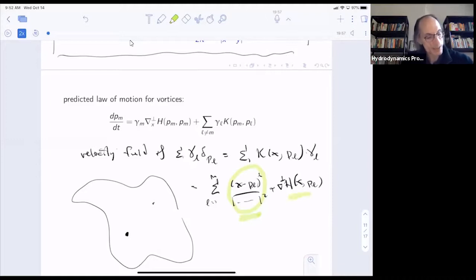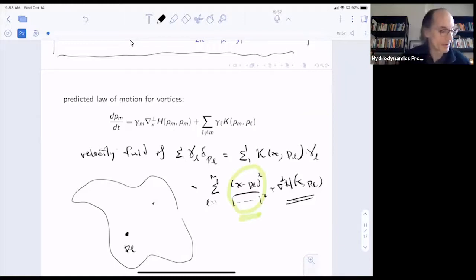But then you see the point is, if I look at the part generated by P_L, at the point P_L, it's perfectly smooth. And so we saw before that the singular part doesn't affect the dynamics of the point itself. This is non-singular, but there's no reason it should leave the point smooth. It should leave it immobile.